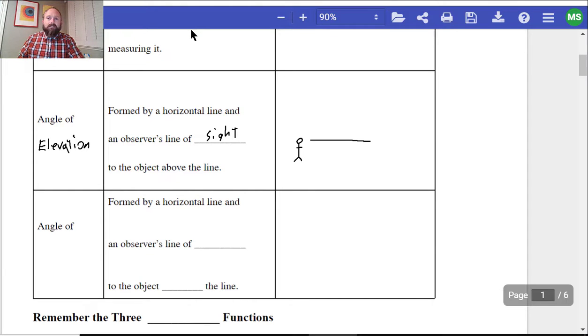So here's this dude, he's looking. Let's say this little star right there. We have to figure out what this angle is. This is x degrees.